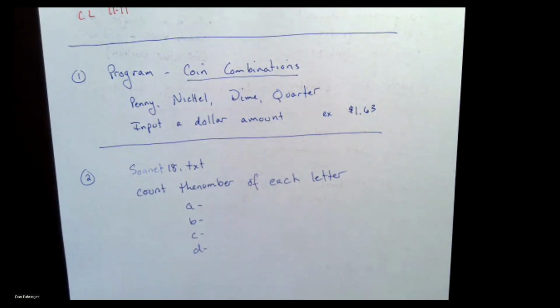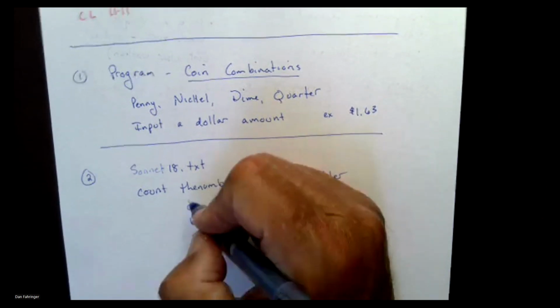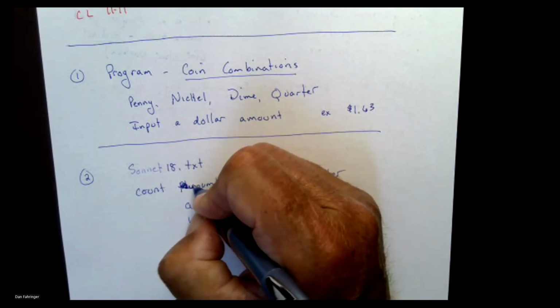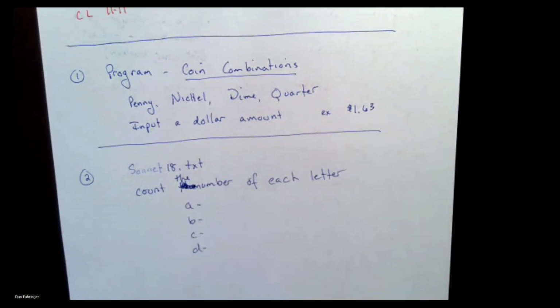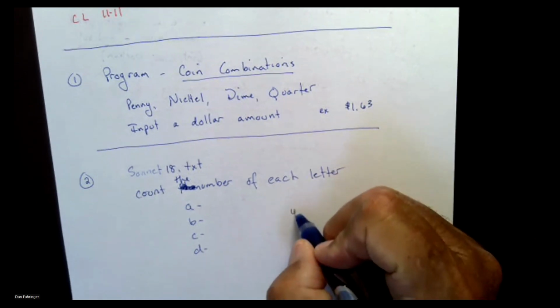Nope, they're the same. Count the number of each letter. Sounds pretty easy, right? I don't want to see 26 counters. I want to see an array of size 26. Makes sense? So in this, use an array.